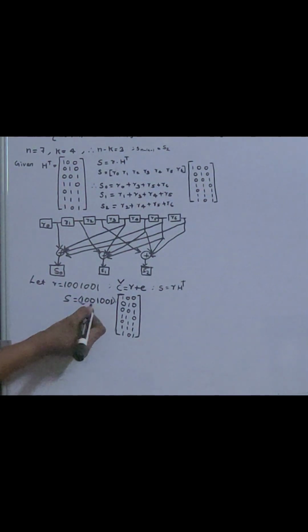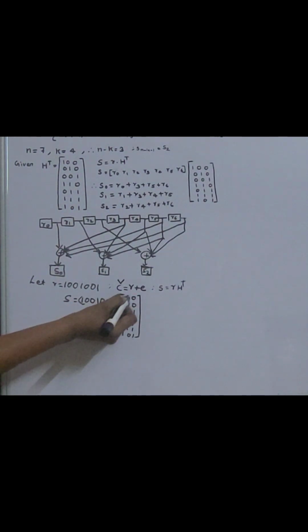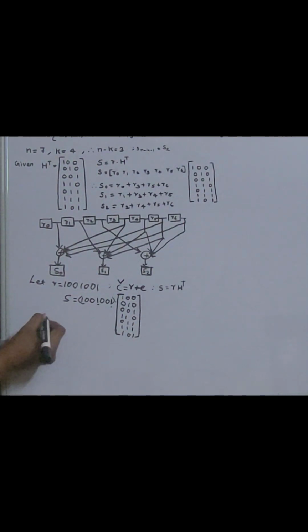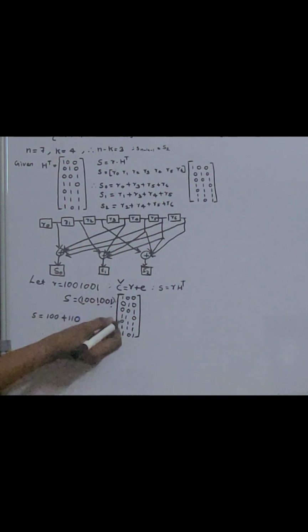Okay, so we can find the syndrome easily. Look at the ones in the received vector. 1 into the first row gives 1 0 0, 0 into the second row is 0, 0 into the third row is 0, 1 into the fourth row gives 1 1 0, 0 into the fifth row, 0 into the sixth row, 1 into the last row gives 1 0 1.